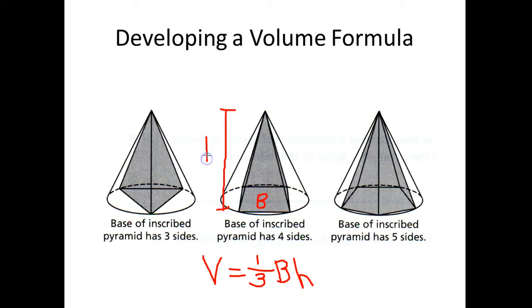This is the height. So that's how you find the volume of a pyramid. Let's see, with these inscribed pyramids, if we can find a formula for the area of the base.